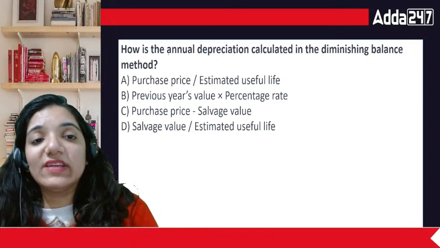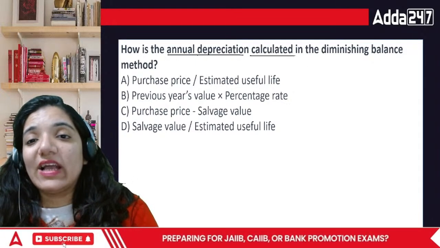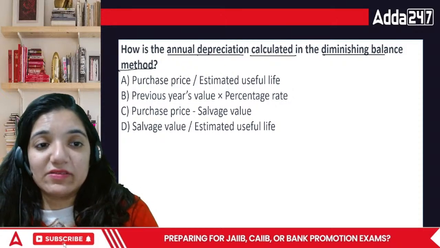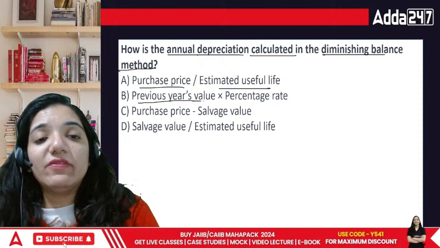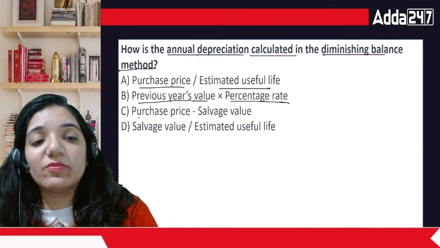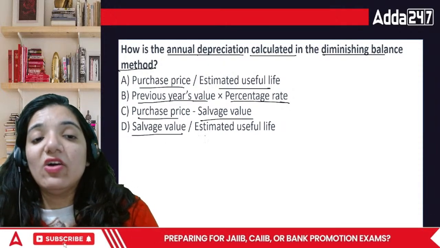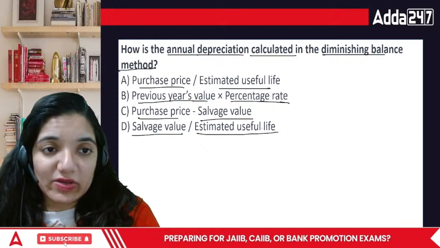Now, how is the annual depreciation calculated in the diminishing balance method? Purchase price divided by estimated useful life, previous year's value multiplied by percentage, purchase price minus salvage value, or salvage value divided by estimated useful life.